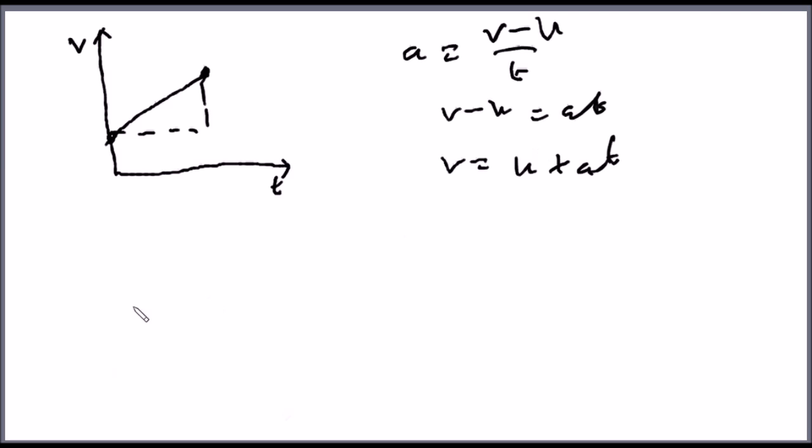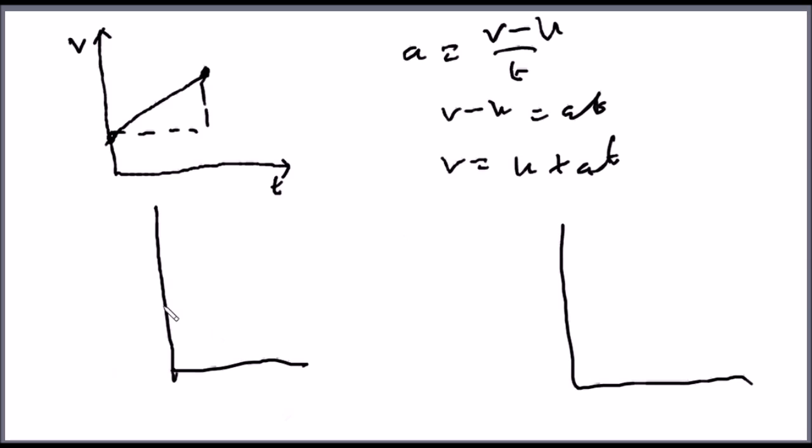Alright, let's look at two more velocity-time graphs now. Let's have the same type of points here. The displacement, or the distance, is actually the area under the graph.